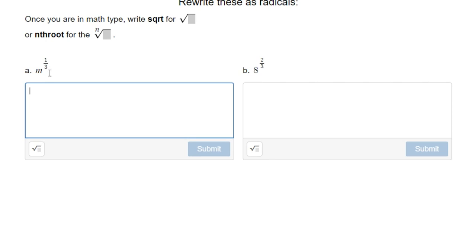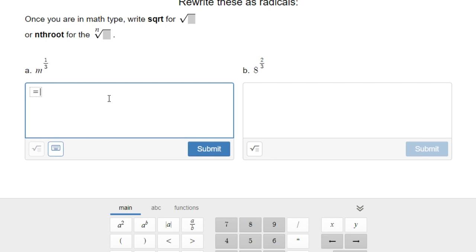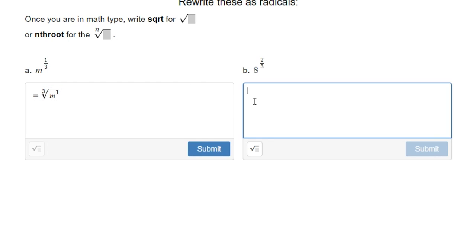So first of all, let's remember that the denominator always becomes the index. The numerator stays as a fraction, and the m becomes our radicand. So m to the power of 1 over 3 gives us the third root of m to the power of 1.